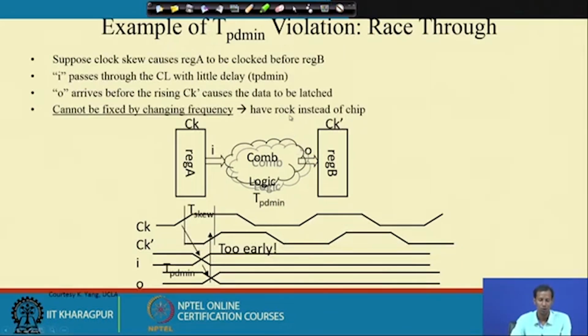Then again another example of TPD minimum violation, which is the race through. Suppose this same kind of structure, and here because of this clock skew, the data changing at I can happen early.